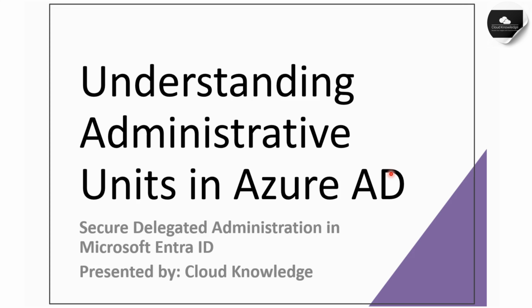With it, you can improve your security and the scalability of your organization without giving all the access to all the admins, or without pinging the global administrator again and again. So you can bifurcate all these things. We will get started with the next slide.